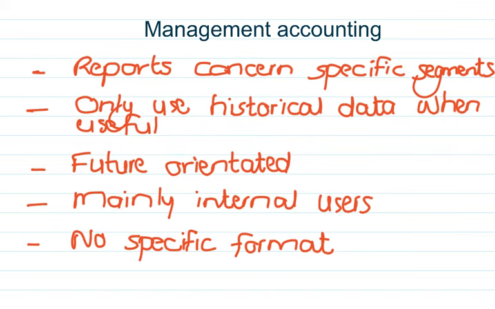Now, management accounting is concerned with decision making, with planning and control. So in other words, it's future orientated. And then our users are mostly internal because it's management that must do the planning. And then while in financial accounting we had a specific format, in management accounting we don't have a specific format.